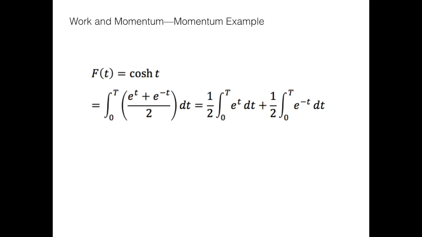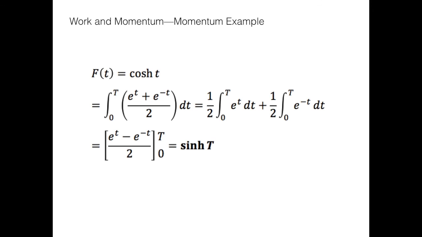Pulling out the 1/2 and separating this into two integrations, we see it become 1/2 integration from 0 to t of e to the t dt, plus 1/2 times the integration from 0 to t of e to the negative t dt. Now, when we integrate and combine these, it becomes e to the power of t minus e to the power of negative t over 2 from 0 to t.